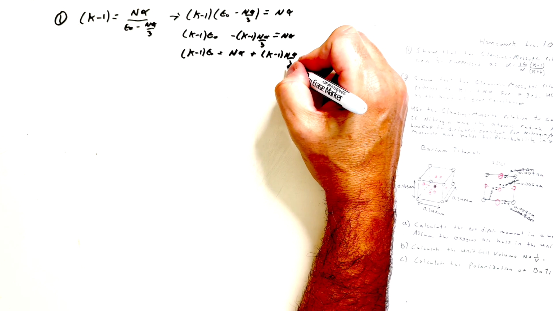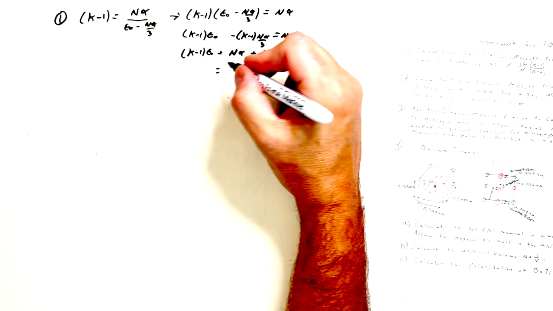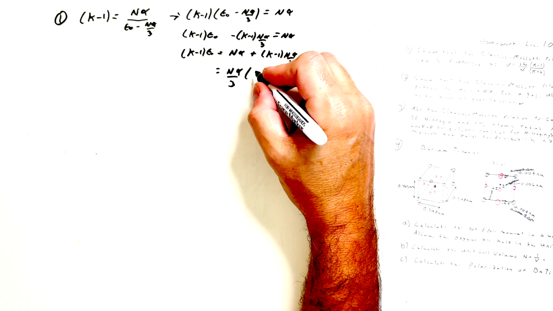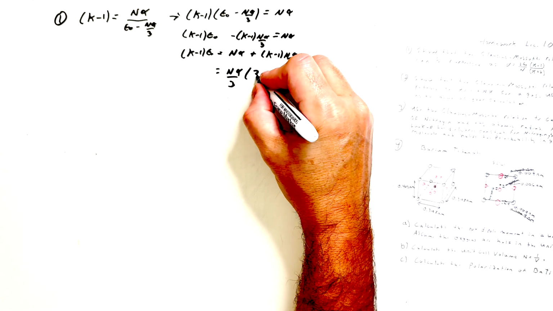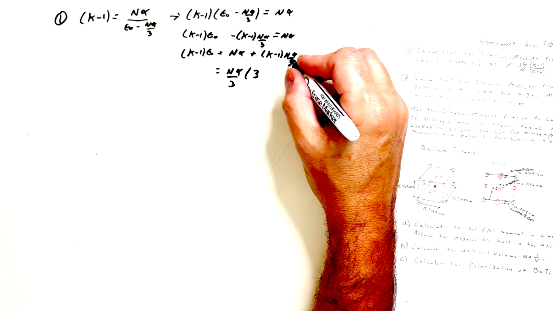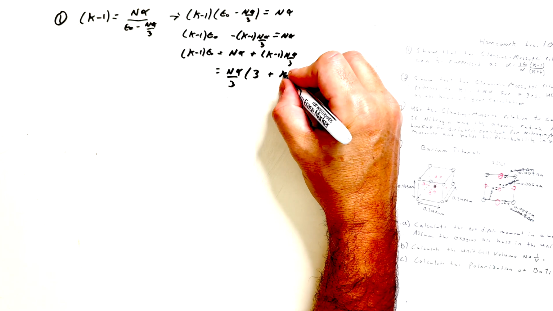Let's factor out an n alpha over 3 on the right hand side here. So that'll give me n alpha over 3. Now, we need a 3 here, because n alpha over 3 times 3 will give me the n alpha back. But here, we'll just have kappa minus 1.